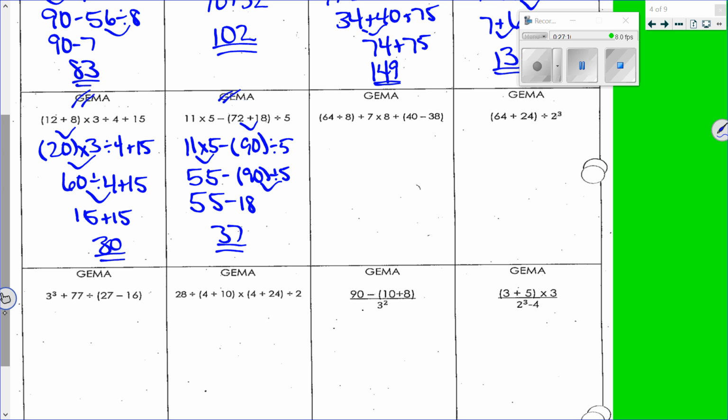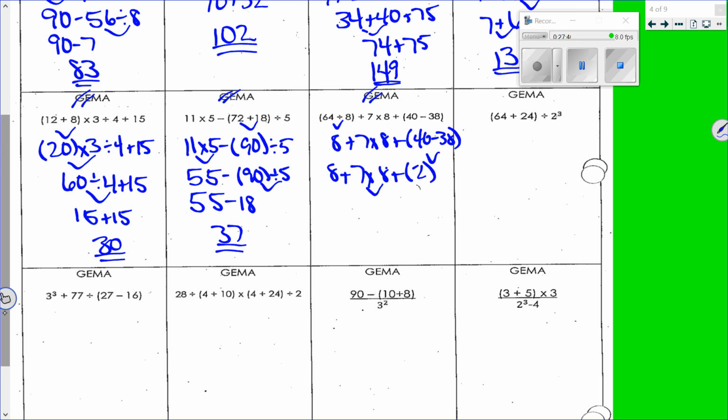Next one. Groupings. I again have two, so I'll start left and go right. 64 divided by 8 gives me 8 plus 7 times 8 plus 40 minus 38. I have an additional grouping on this side. 8 plus 7 times 8 plus 2. Groupings are done. No exponents.